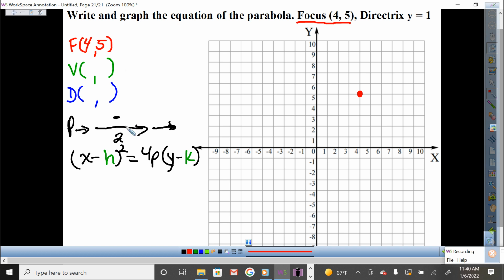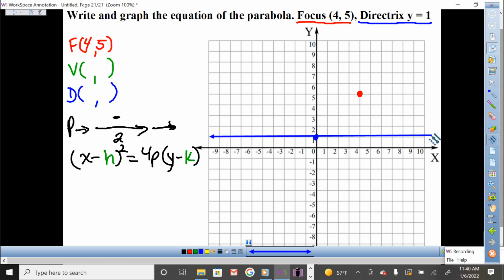Next, what do we do next, Brooke? Yes, plot that one. The directrix, we graph y equals 1. Y equals 1 is right here, so it's a straight line going through there. It's a horizontal line. There it is.